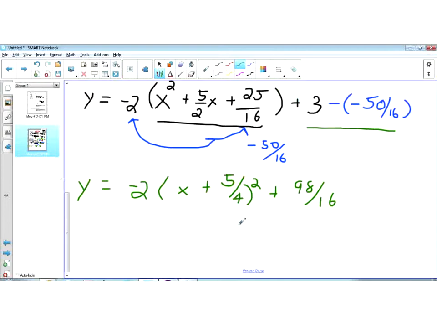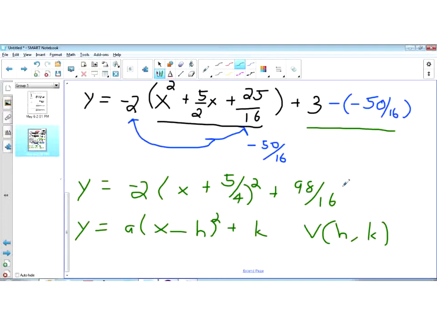But once we have this information, we can pick off the vertex, because the generalized representation of a parabola is something like this: a times (x minus h) squared plus k. Whenever you see a quadratic written in this format, the vertex turns out to be (h, k).